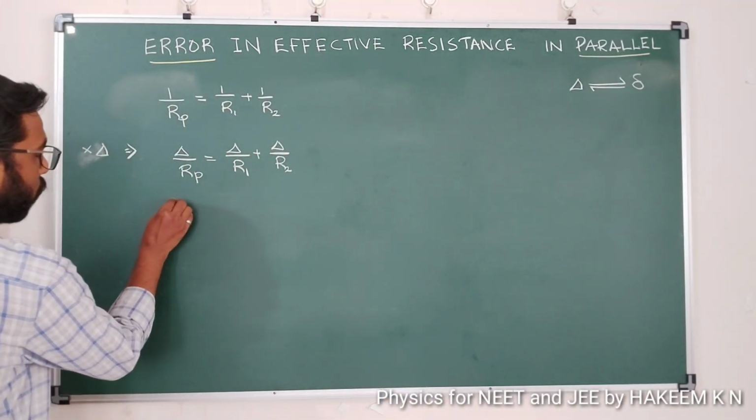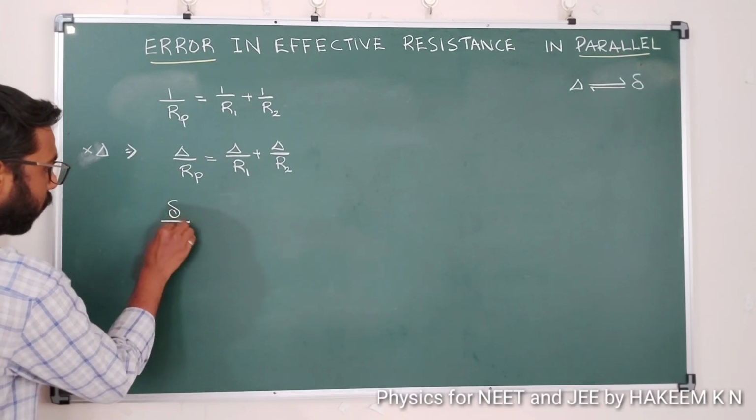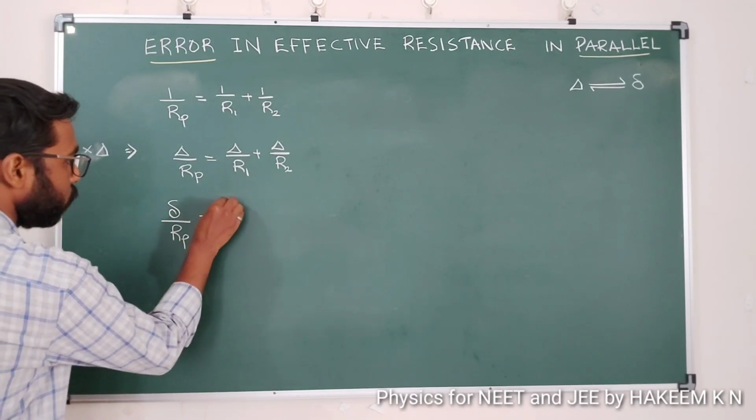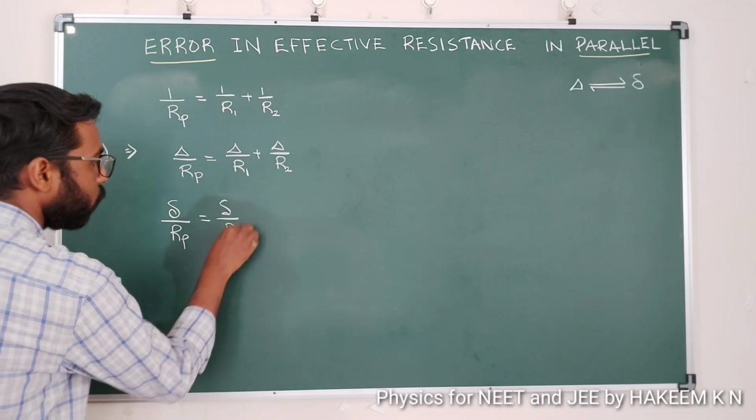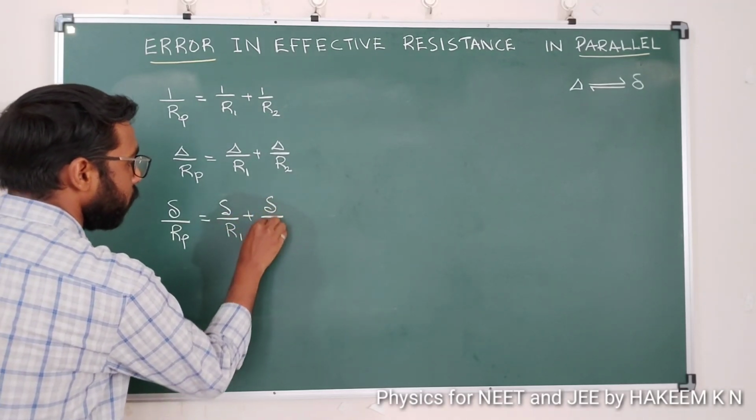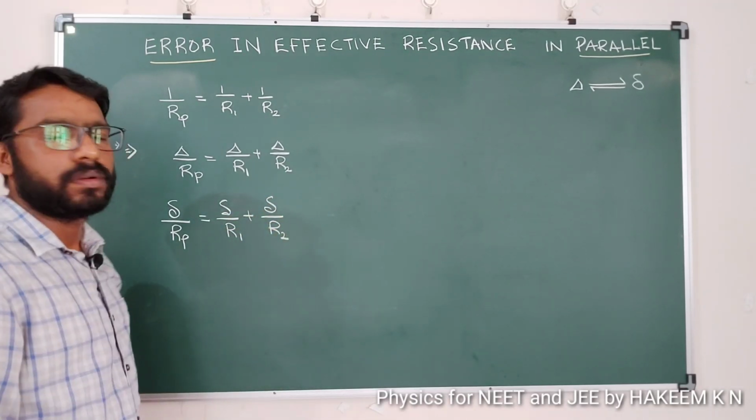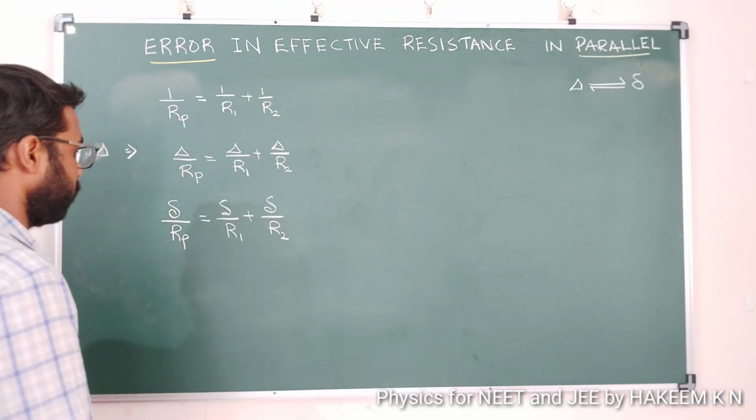So, dou by Rp equal to dou by R1 plus dou by R2, partial differentiation.